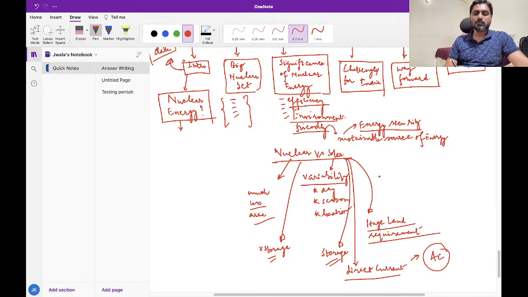So these solar plants are not very grid friendly. We have electricity grids that supply us power, and solar is not very grid friendly. But look at nuclear, it produces electricity in AC only, so it is very grid friendly. That is another advantage.